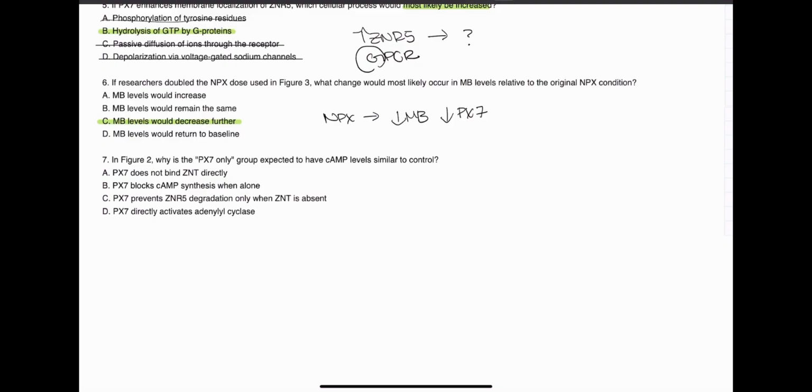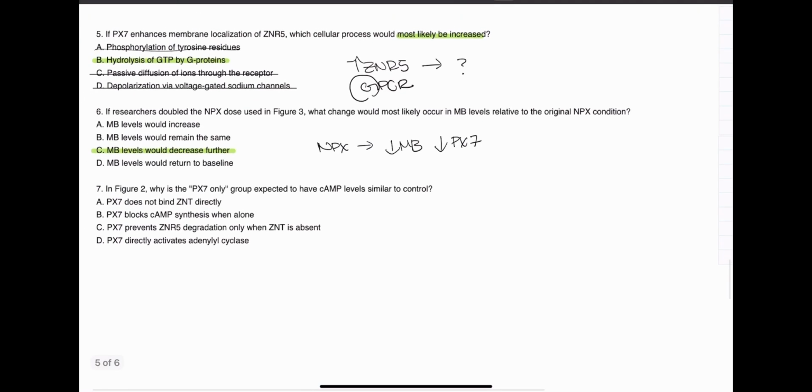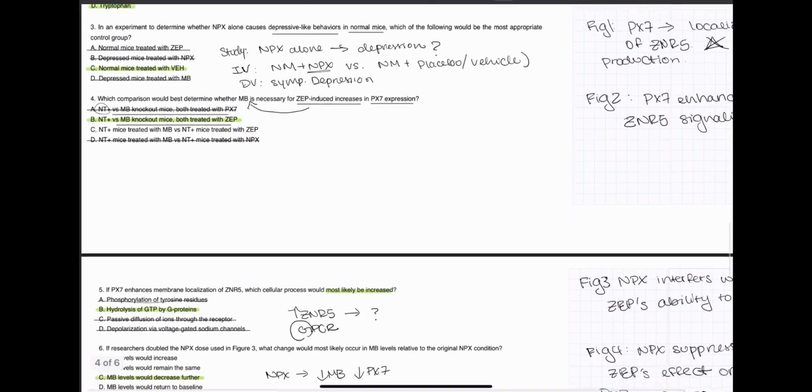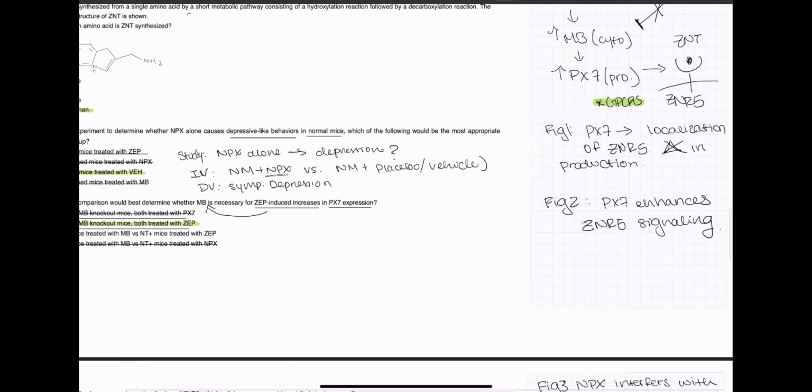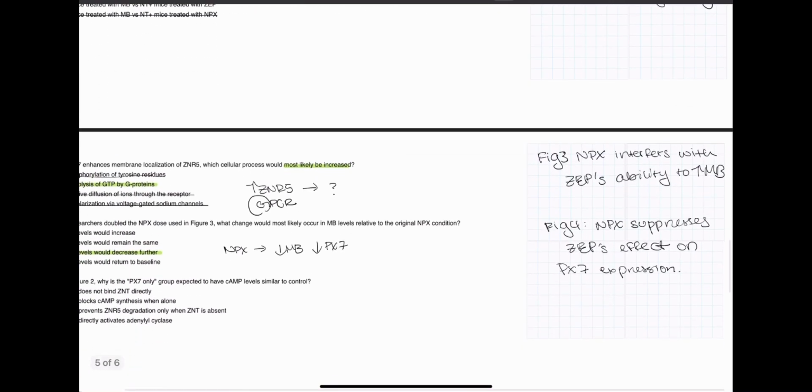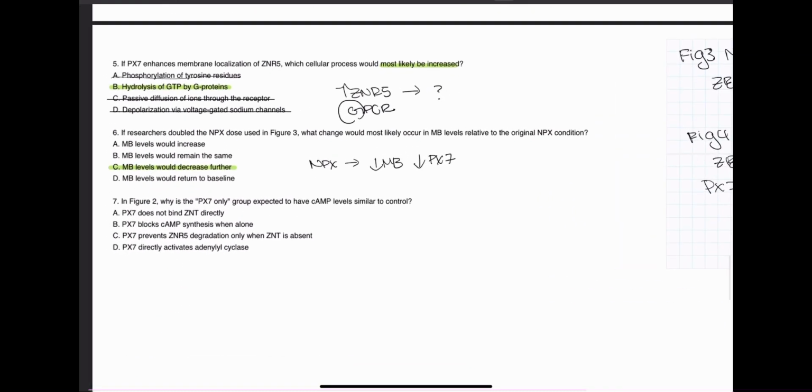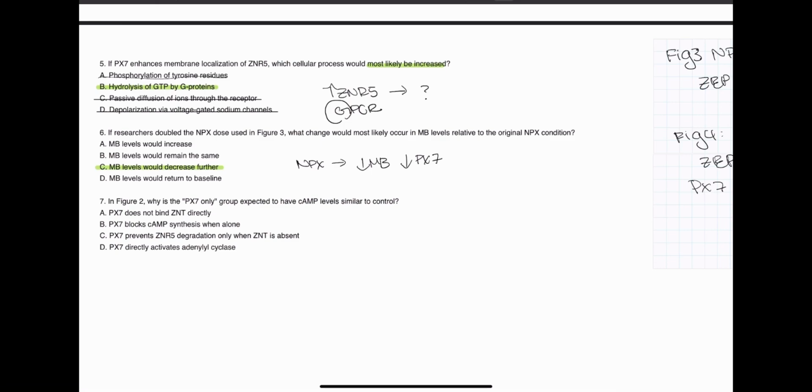Question 7, in figure 2, why is PX7 only group expected to have CMP levels similar to control? Okay. Figure 2, PX7 enhances ZNR5 signaling, right? So PX7's role is to help ZNR5 localize to the membrane, right?